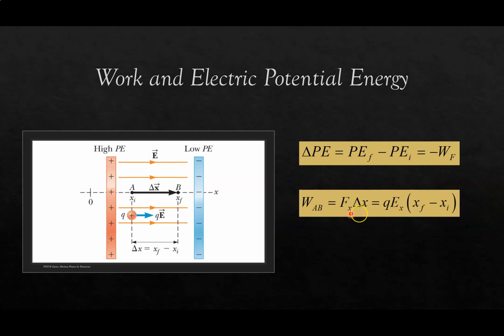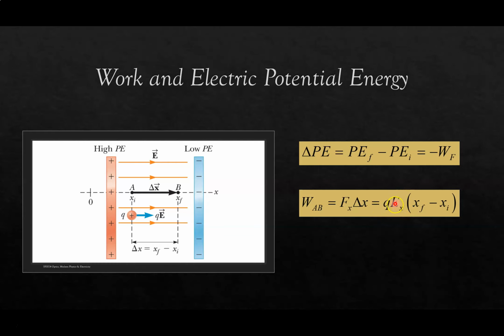We know work is F times delta x, so we know F. The work done on the charge by the electric field is equal to the electric force, which is Q times E.